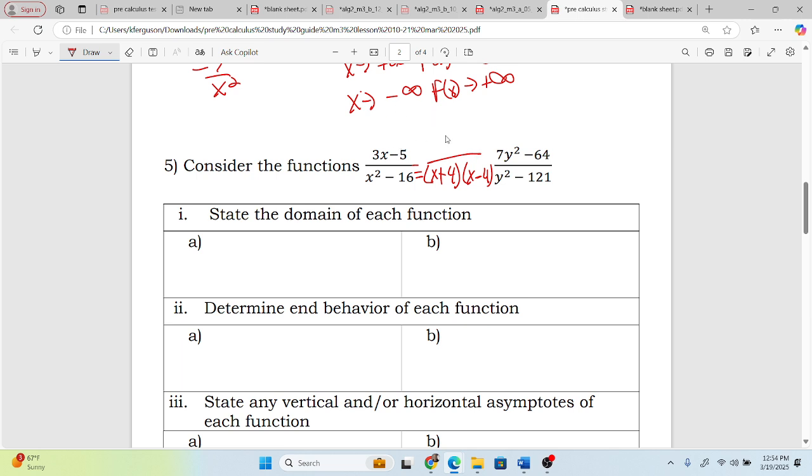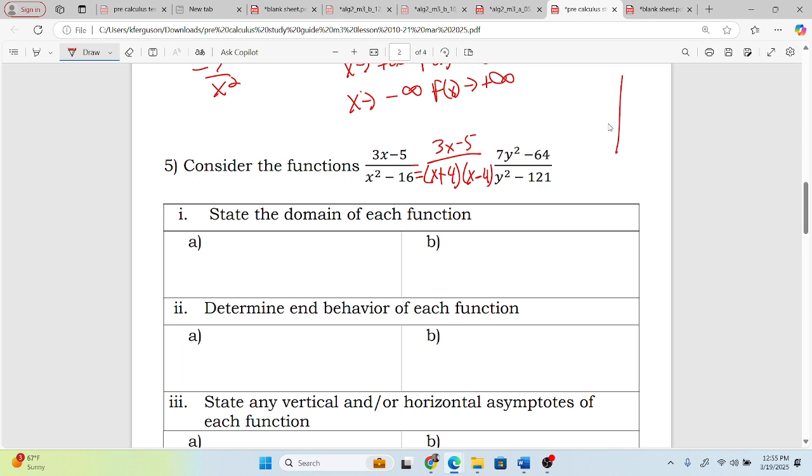So then I look at the top, it doesn't do anything. So I have two values that are excluded. And because I have two values that are excluded, that means I'd have two vertical asymptotes. I'd have x equals 4 and x equals negative 4.